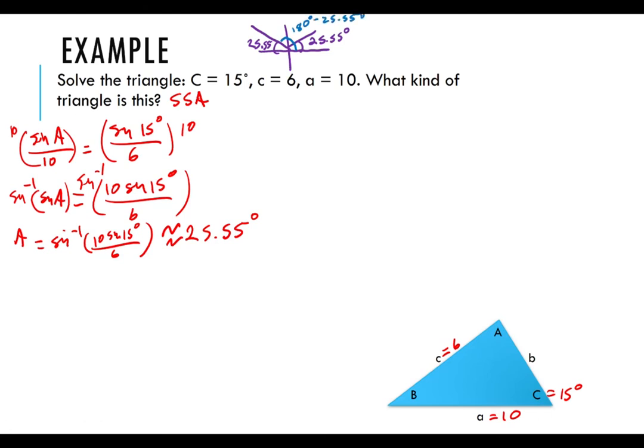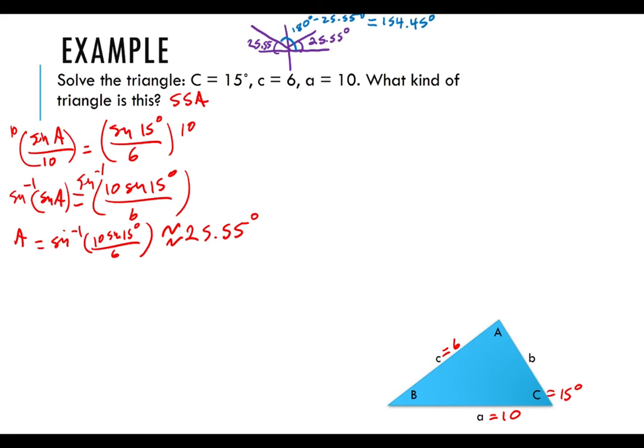Alright, well 180 degrees minus 25.55, that's going to give us 154.45 degrees.